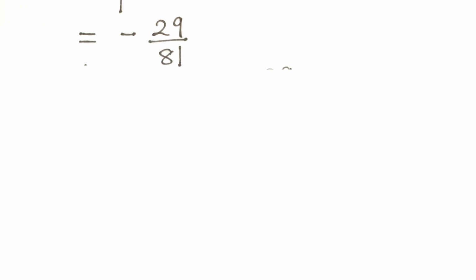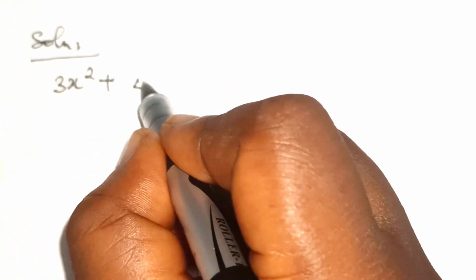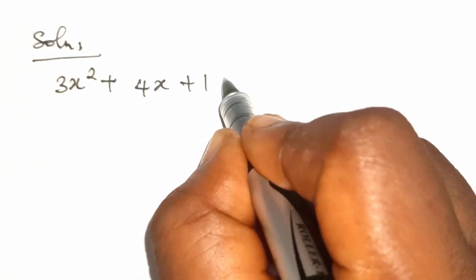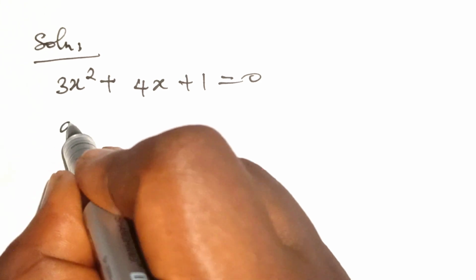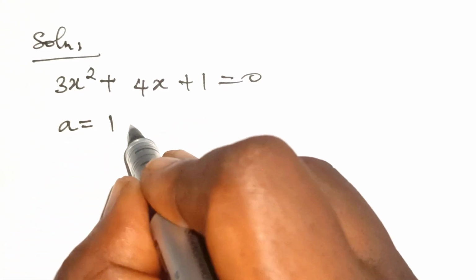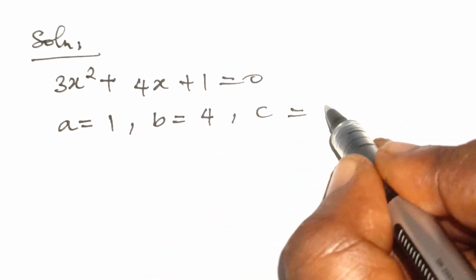So we will start by the solution. The given equation is 3x squared plus 4x plus 1 equal to 0. Here, the coefficients a equals 3, b equals 4, and c equals 1.